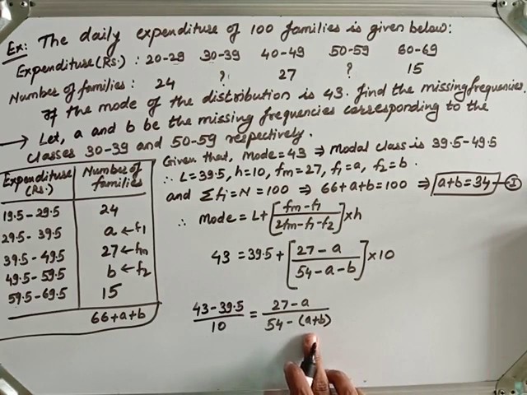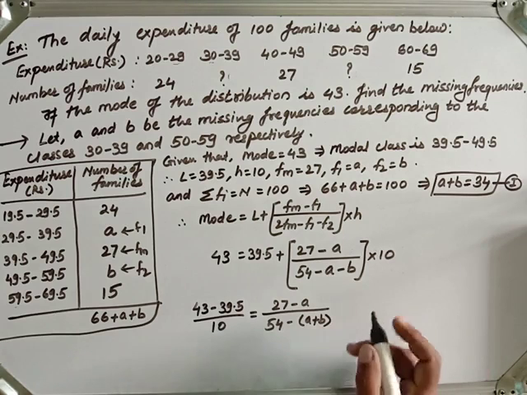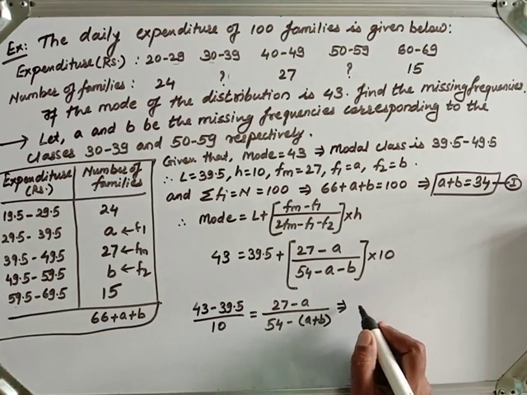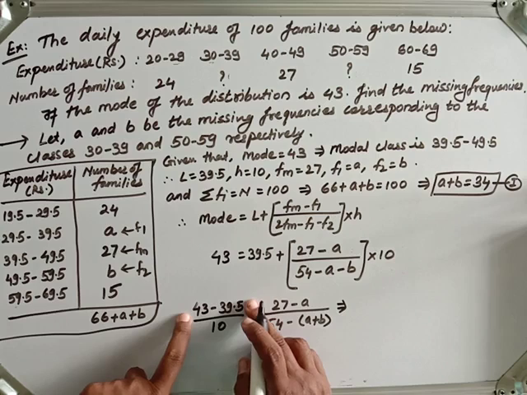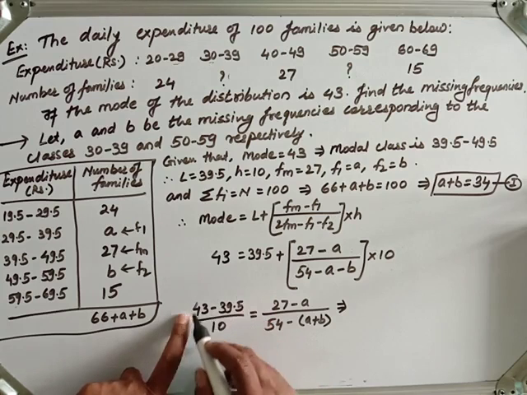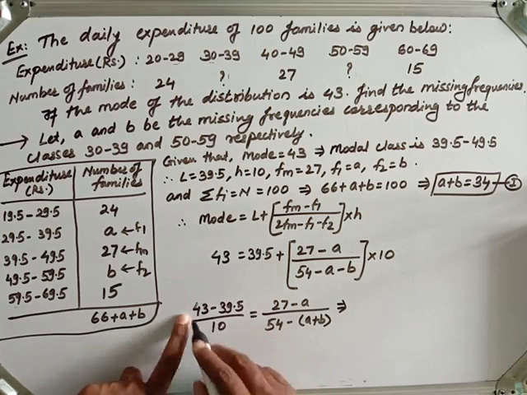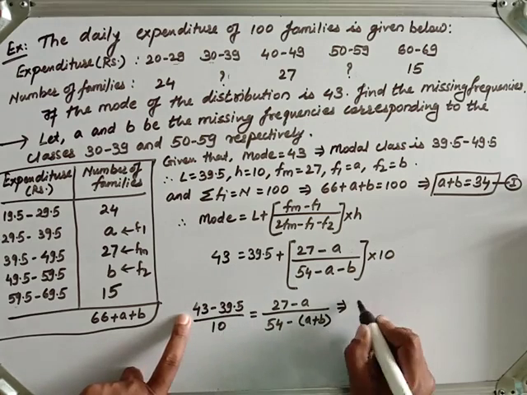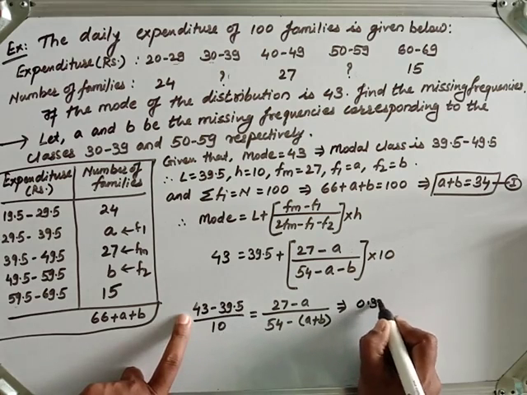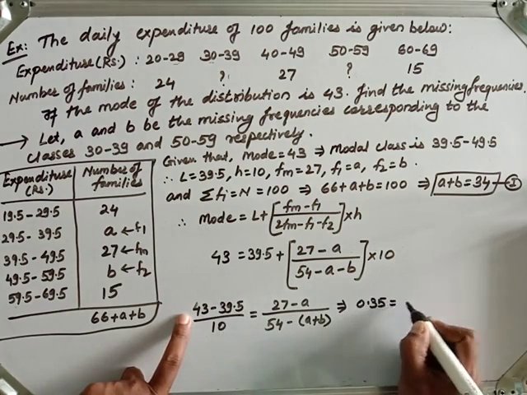I can write here 34. Now this subtraction is 3.5. 3.5 by 10 will be 0.35.